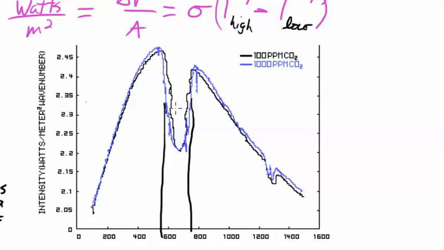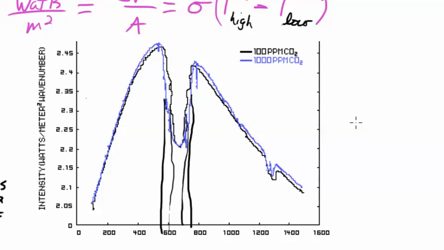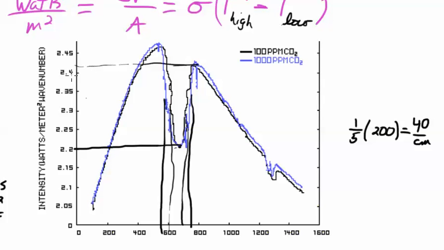This is about 200 wide. Say this is about a fifth of that. This is about a fifth of that. So the width of those areas is about 1/5 of 200, or 40 per centimeter. And then the height from here at 2.2 to there at 2.4 is about 0.2 watts per meter squared per centimeter.